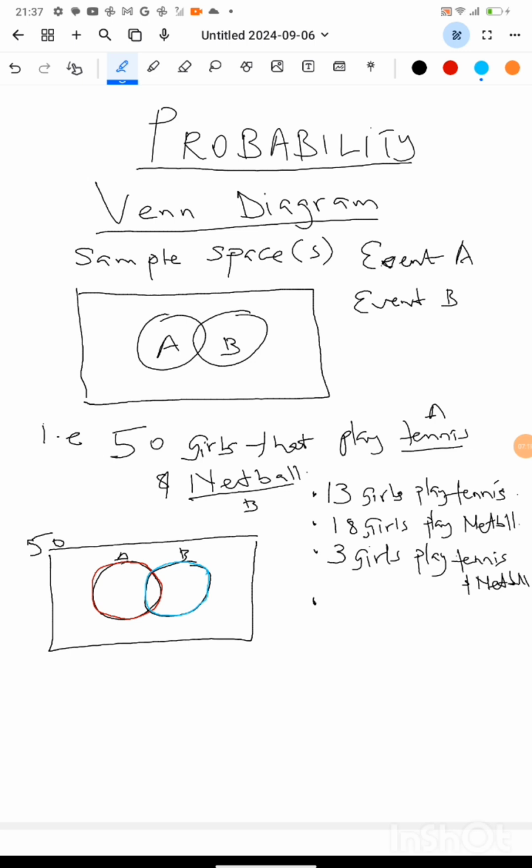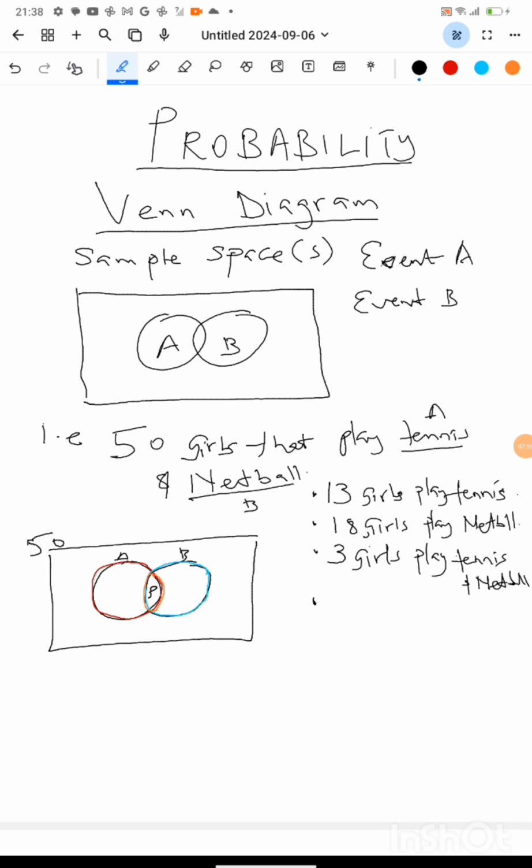However, when we do a Venn diagram, we always look for the common part. So we are told that 3 girls play tennis and netball. Which section is that? Is this section here. So that means 3 girls. We'll put 3 there. I hope it's visible.